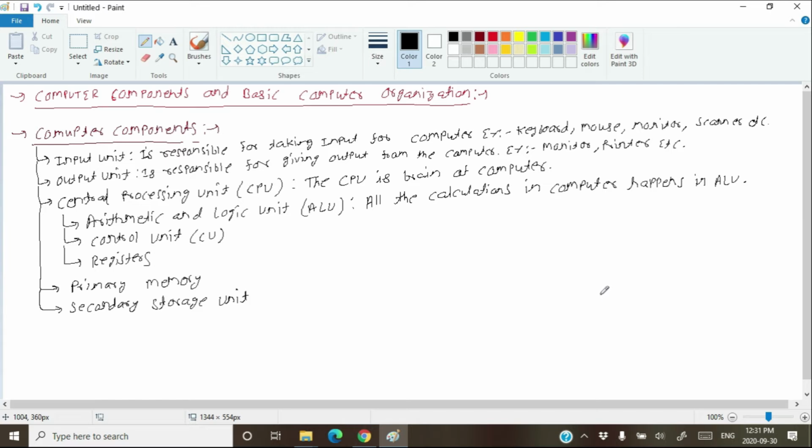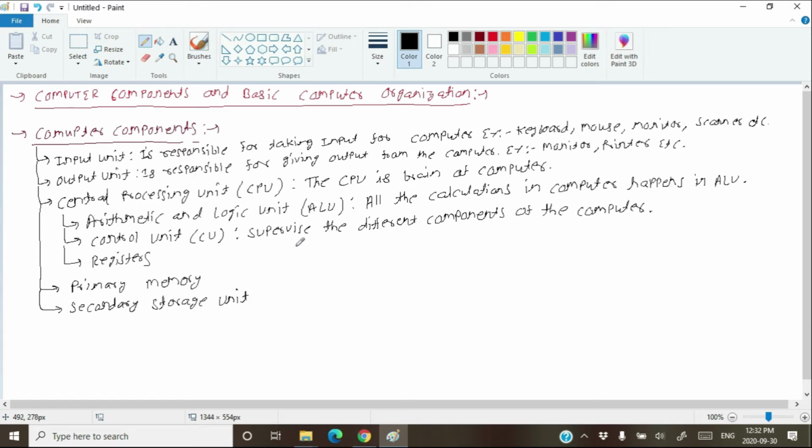So the CPU is just like the brain of your computer. The ALU does arithmetic and logic operations. Now what does the control unit do? As the name suggests, the control unit controls and supervises the different components of the computer. How does it do this?